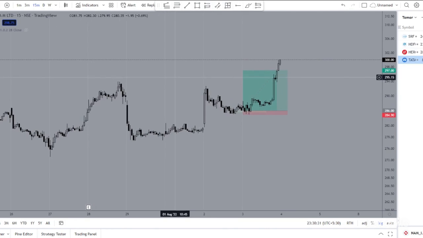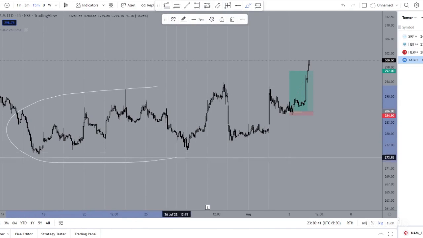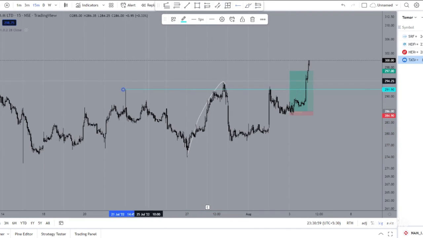So let's get started. As you can see, this is the chart of Nippon India, and it was moving in this sideways range from the last couple of days. Now, as we can see on 28th, the stock attempted this rally, and in this attempt, the stock was able to break above this.